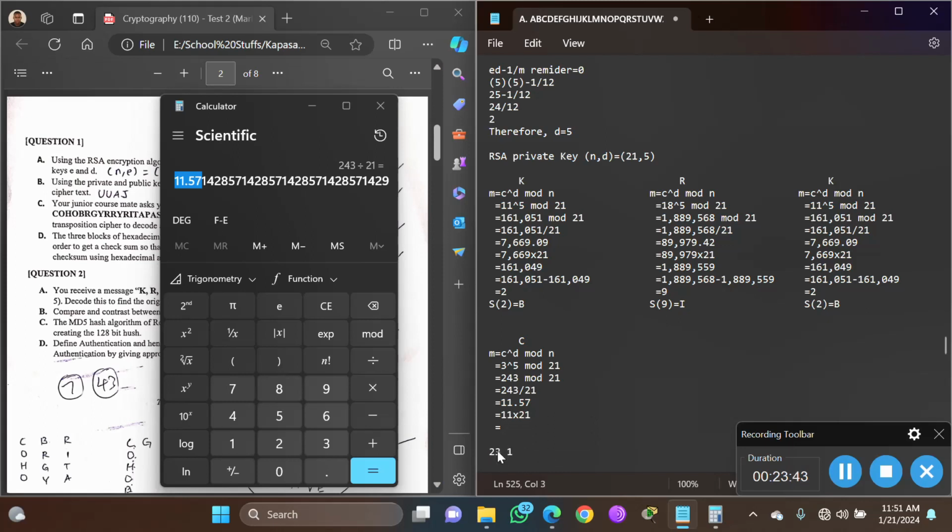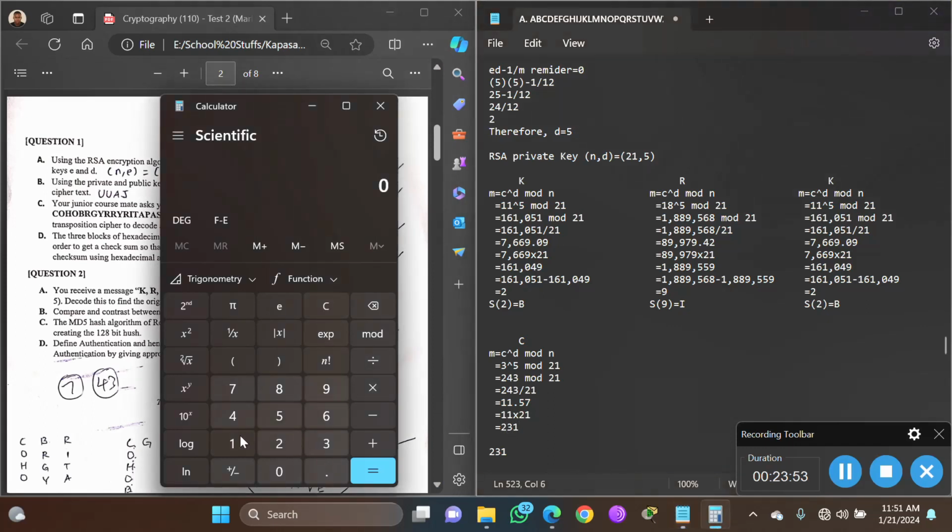So you need to have 3 in between, meaning the answer is 231. So let us prove it. We have 11 times 21, 231, correct. So that's the fastest way to avoid using your calculator.